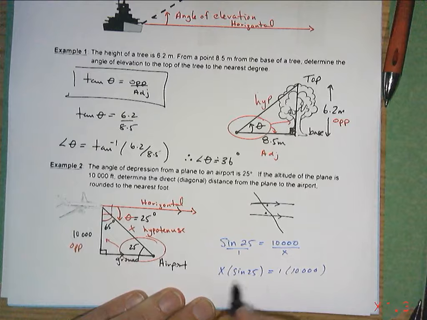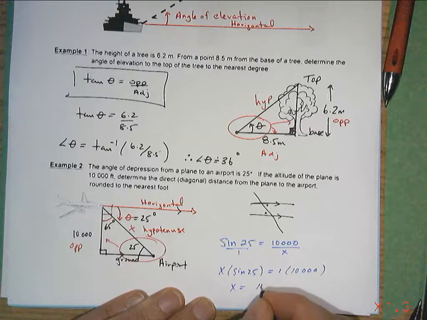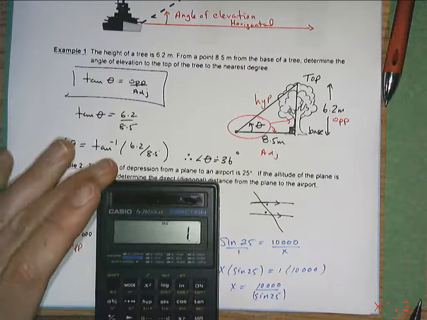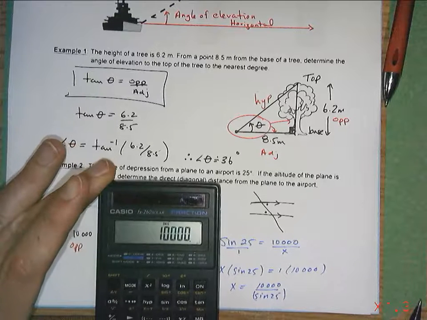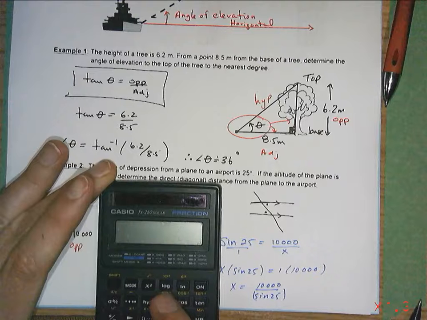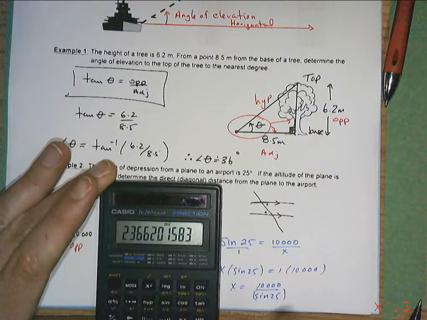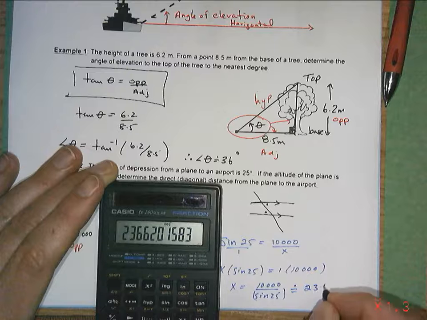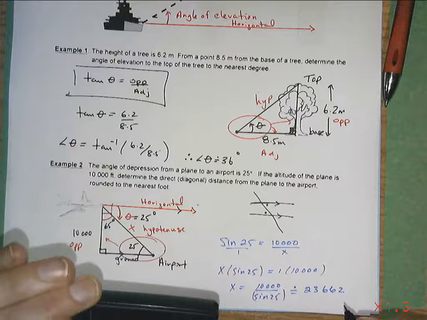If we divide both sides by sine of 25, we get x equals 10,000 over sine of 25. Using your calculator, I'm going to do 10,000 divided by 25 sine equals, and I come up with approximately 23,662 feet.